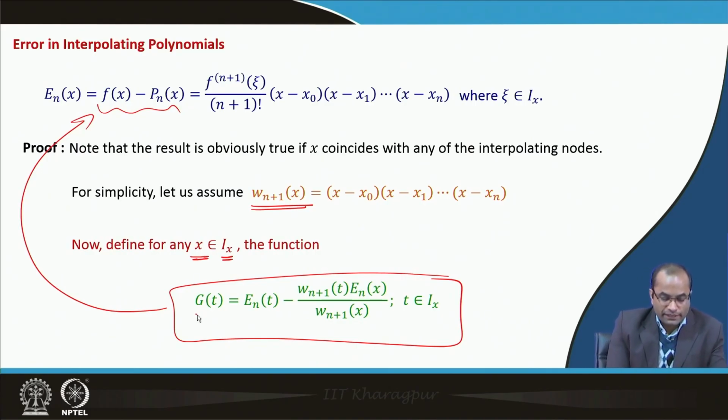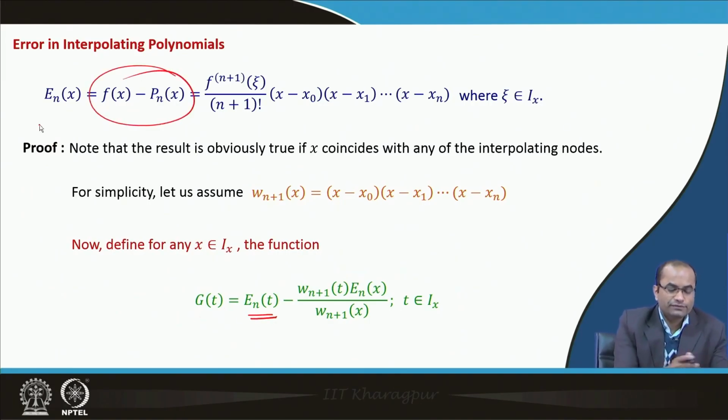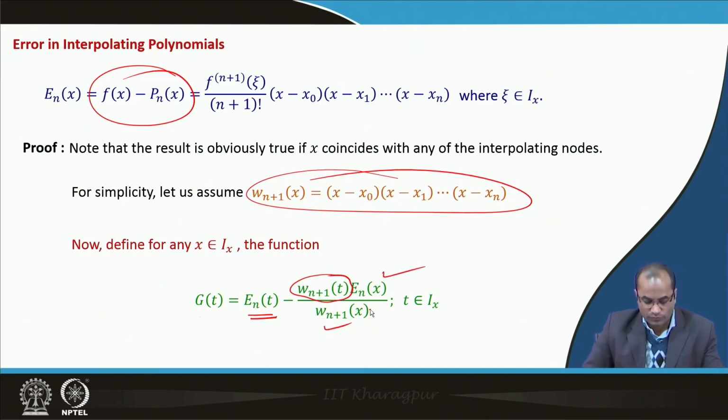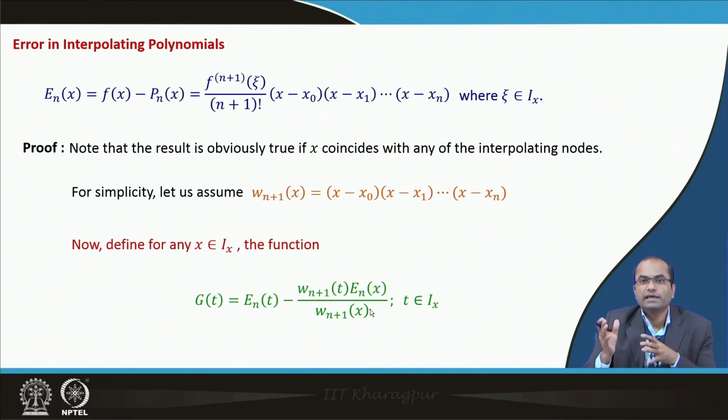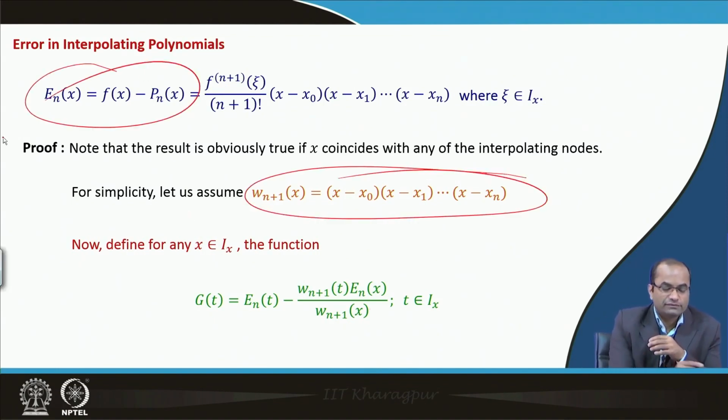So, we define this function g t in terms of E n t, where E n is already defined as the difference between f x and the polynomial p x, and w n t, where w n is defined here as well.